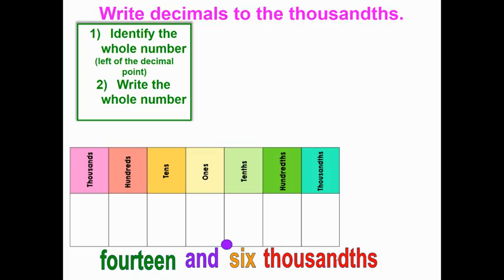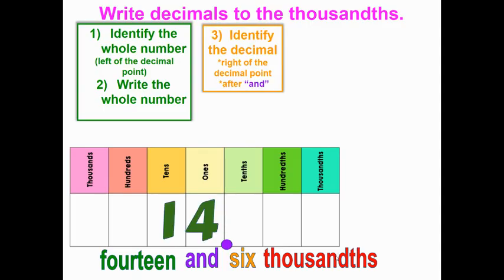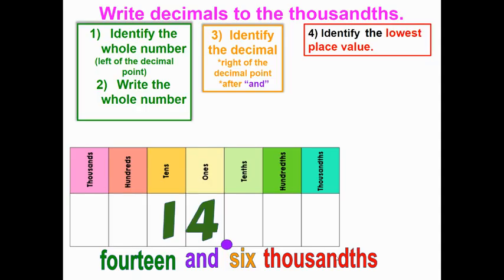I identify the whole number, everything before the decimal point, and I'm going to write it in, 14. Now I'm going to identify the decimal, everything after the word and. So 14 and 6 thousandths. That means I'm going to represent 6 thousandths. I identify the lowest place value, which is the thousandths place.